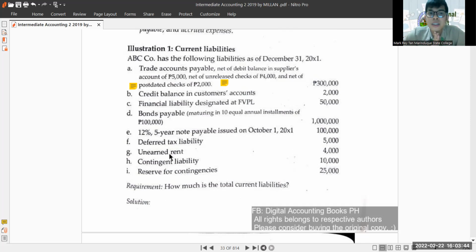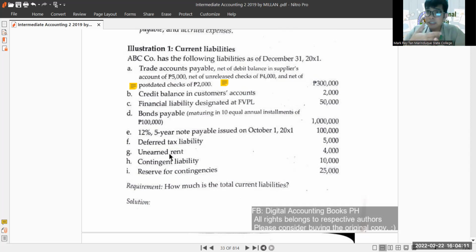So ano ba yung unearned rent revenue? Ibig sabihin, you collected cash in advance for the rent. Nagbayad agad si tenant mo ng renta even for future months. Sige, for clear example, halimbawa, tenant ako.